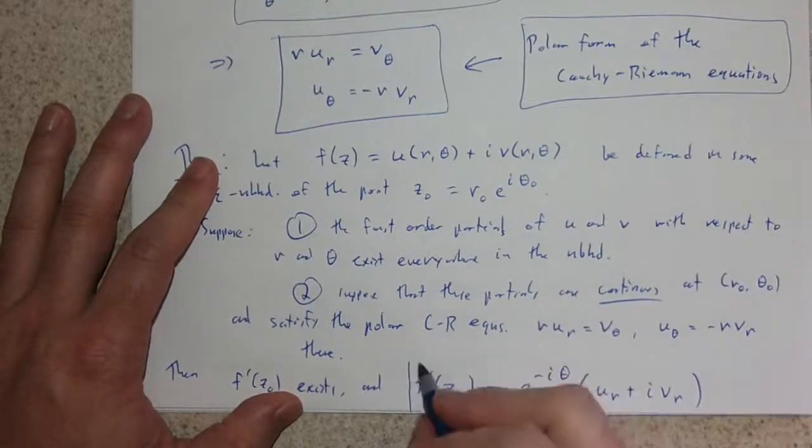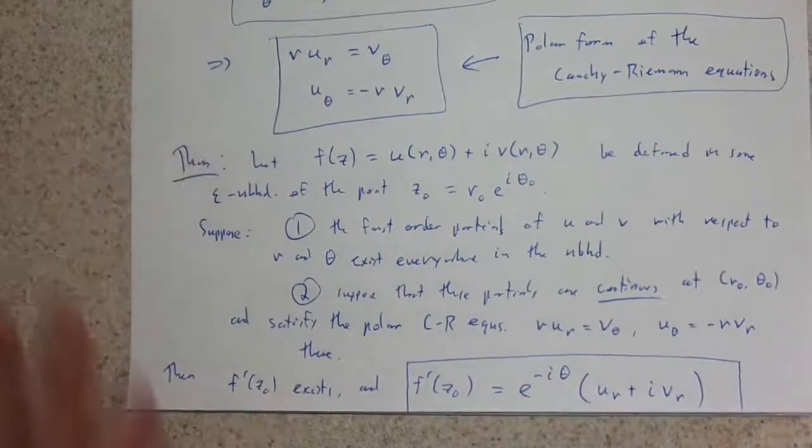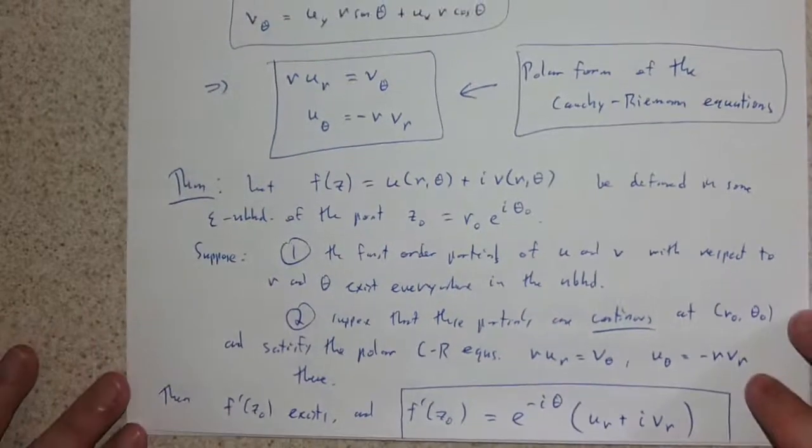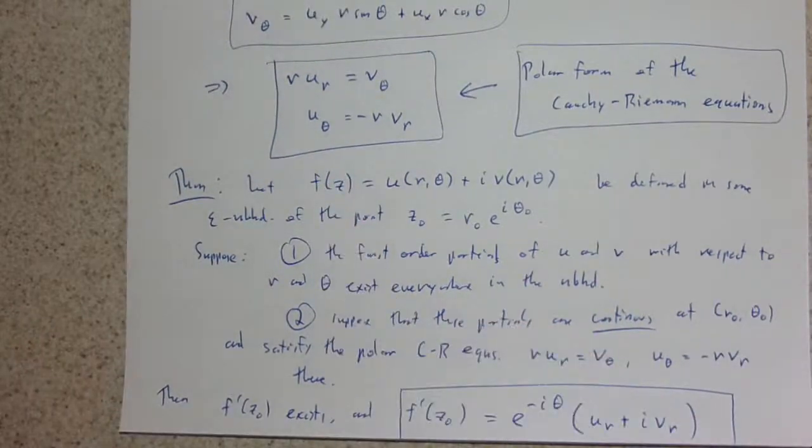I'm not going to go through the derivation of where this comes from, but I'm sure that you can figure it out just from the polar form of Cauchy-Riemann equations and exactly how we did this analysis in the previous theorem. Okay. All right.